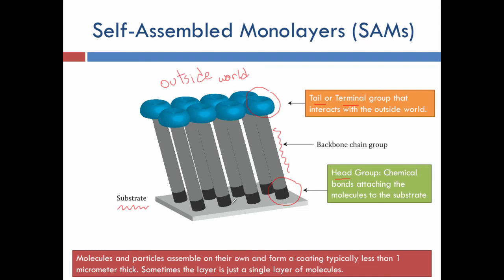All right, so molecules and particles assemble on their own, and that's the magic of this self-assembly. They assemble on their own in this kind of forest because it's the lowest energy state for them. And they form a coating, and this coating is typically less than a micron thick, and sometimes the layer is just a single layer thick, and that would be called a monolayer.